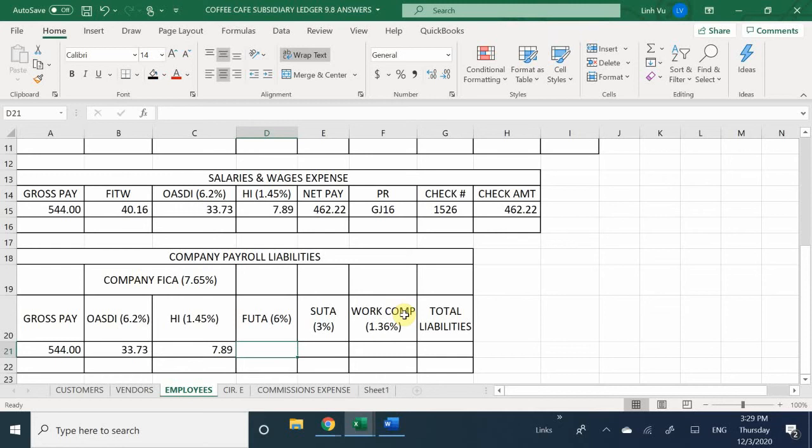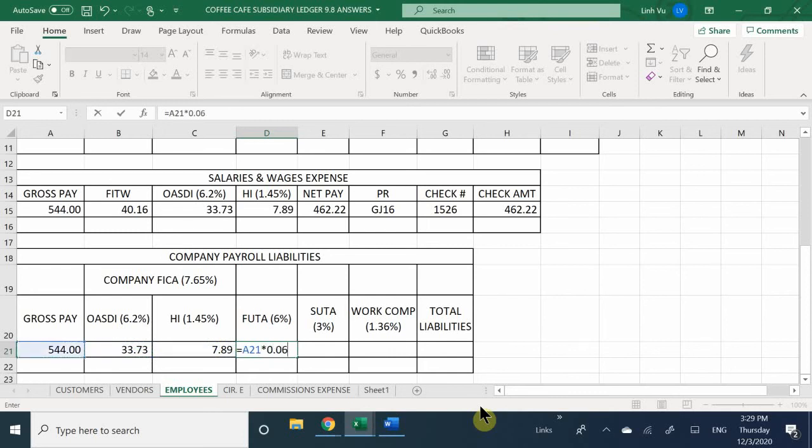So let's go ahead and calculate this. Again, I want you to use standard numbers, so 6% for federal and 3% for SUTA. And again, 1.36 for workers' comp. So this is going to be all based on her total gross pay. So what is her FUTA going to be? $32.64.